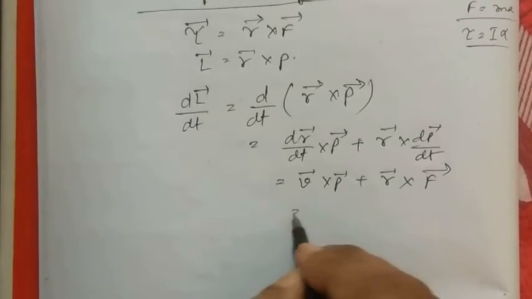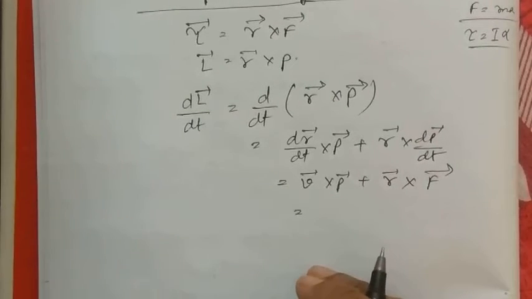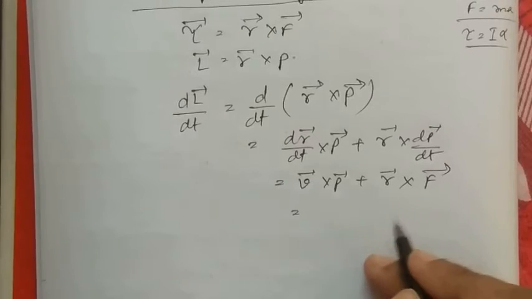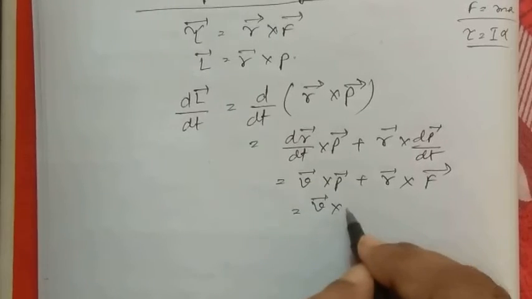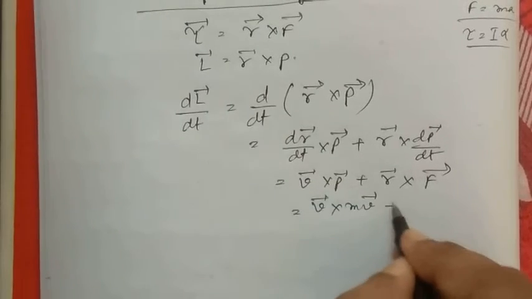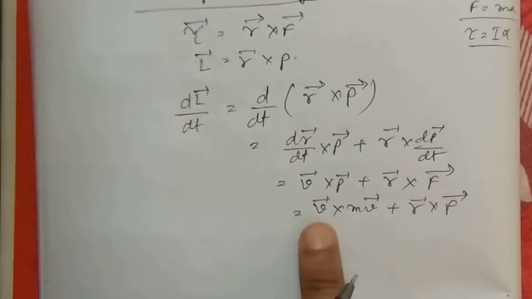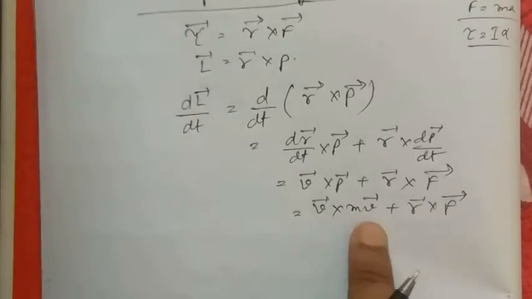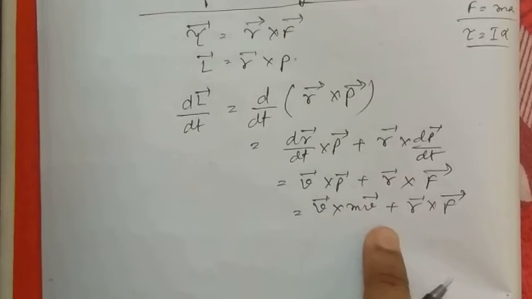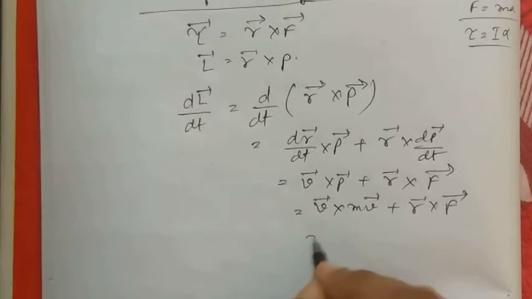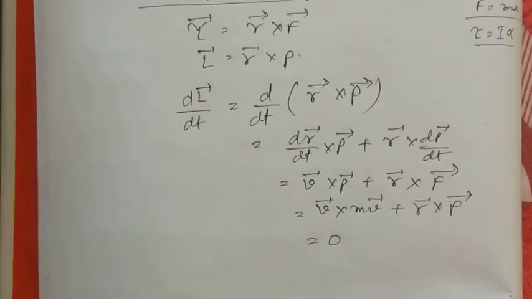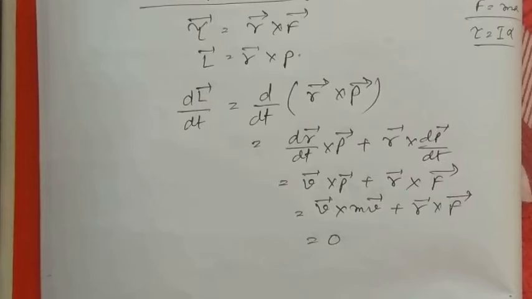Now if we take p as mv, we get v cross mv plus r cross F. What is the cross product of v cross v? Similar vectors. The cross product comes to 0, because the angle between them is 0 and sine 0 is 0.